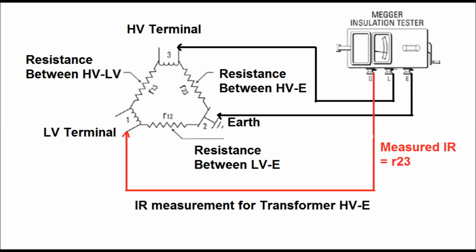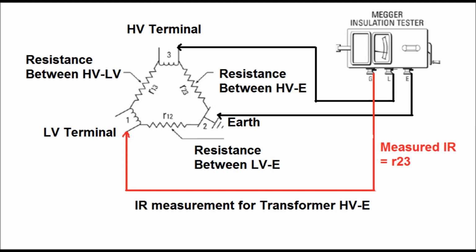So here the connection for the IR measurement for transformer HV winding and earth has been shown in this diagram by using the guard terminal. Since we want to measure the insulation resistance between HV terminal and earth, HV terminal is connected to L terminal of the IR tester, and E terminal is connected to the earth, and a guard terminal is connected to the LV terminal or terminal number 1.